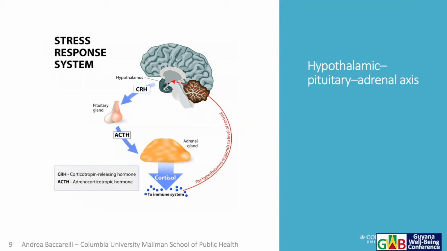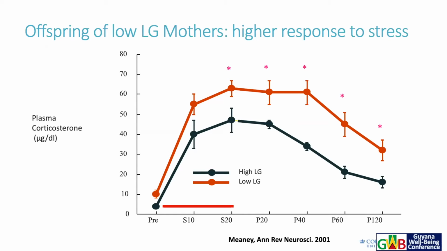So going back to our LG licking and grooming model, what our colleagues in Canada in Dr. Meaney's lab a few years ago found out is that the offspring of mothers who don't lick and groom their pups very much tend to have higher responses to stress. And this is shown, for instance, by the amount of corticosterone.